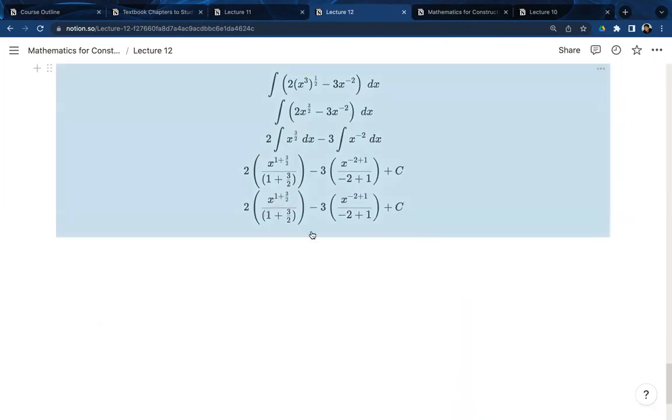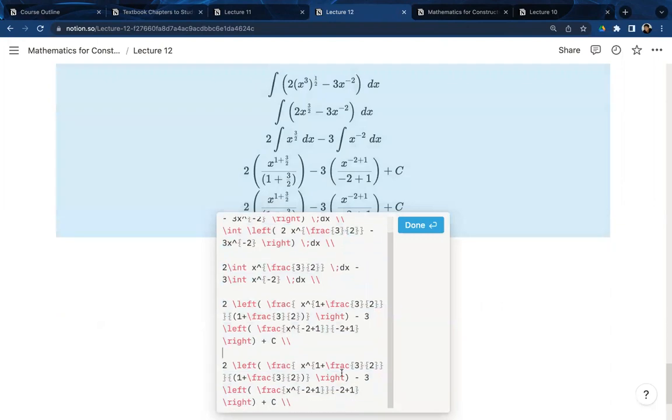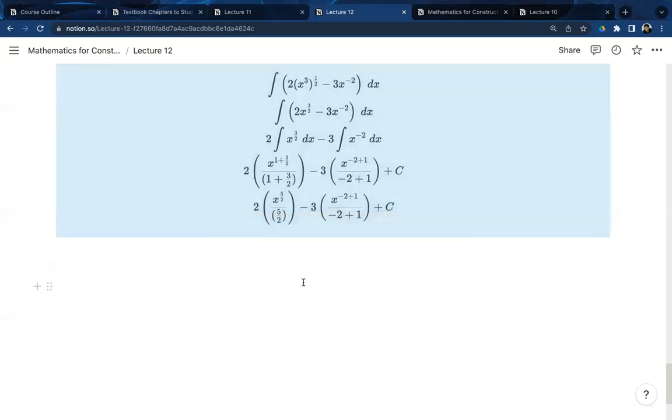So what is 1 plus 3 over 2? That is 2 over 2 plus 3 over 2, that's 5 over 2. So this is 5 over 2, divided by 5 over 2, okay?